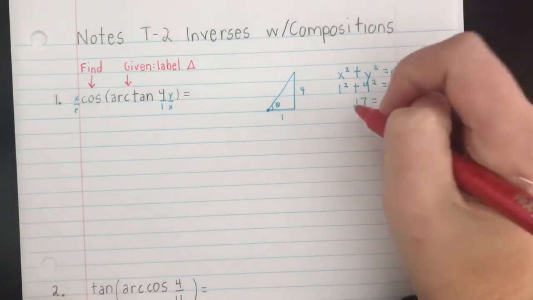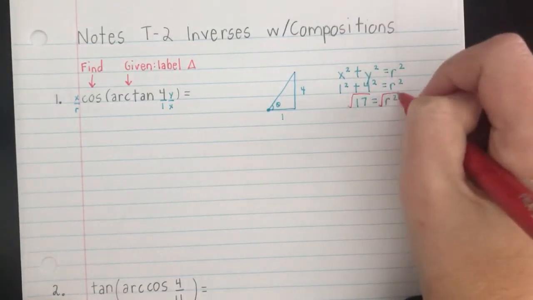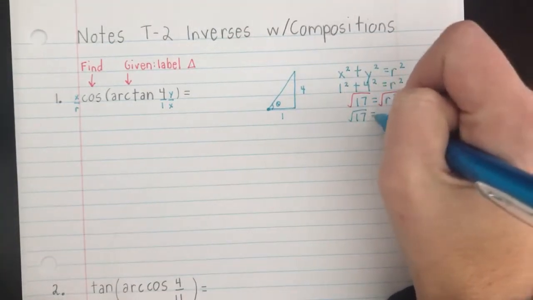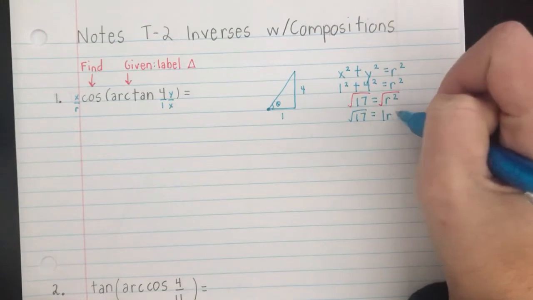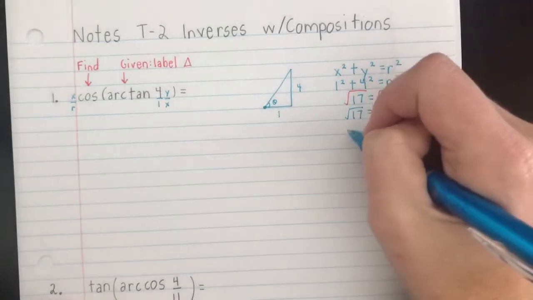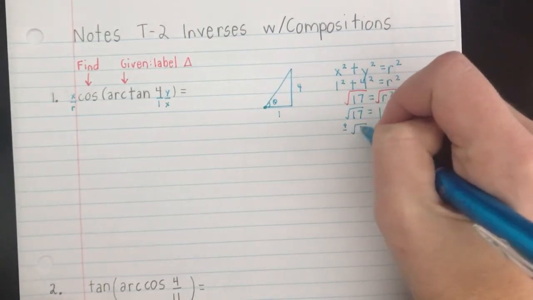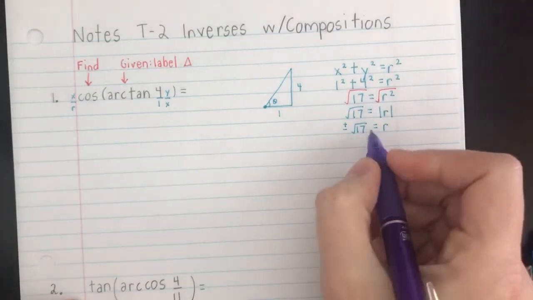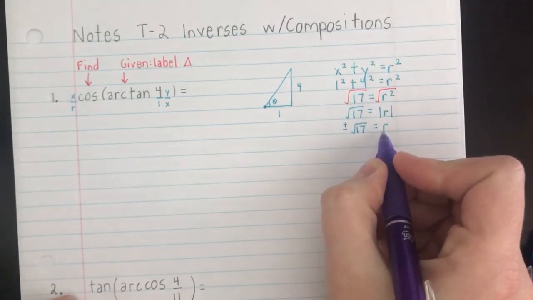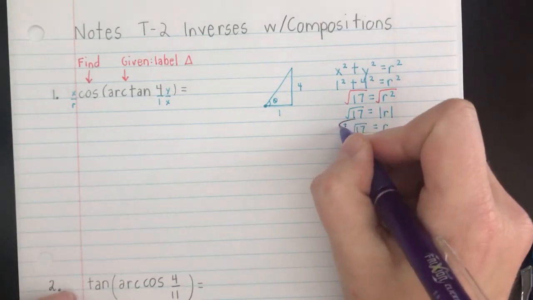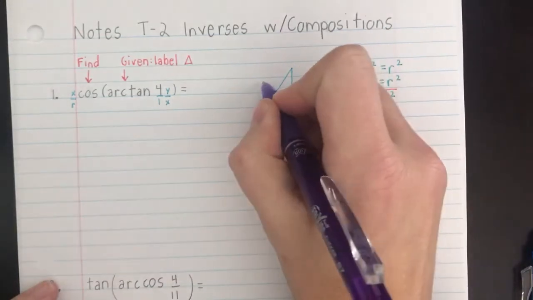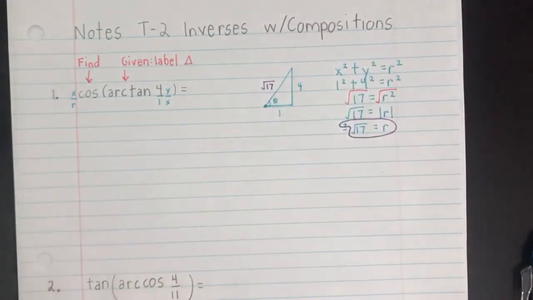Of course I want r and not r squared, so I'm going to square root both sides. Okay, the square root of 17 will remain the square root of 17, equals the absolute value of r. So then plus or minus square root of 17 equals r. However, you already know r is a distance, it cannot be negative. So therefore, r is just positive square root of 17. So square root of 17.